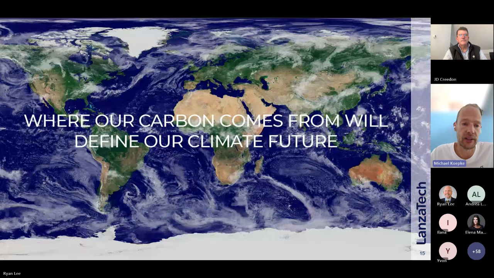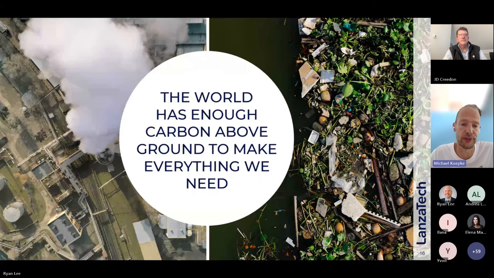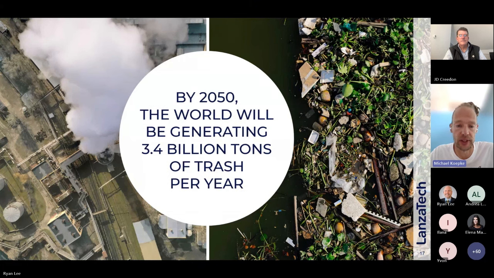Where this carbon comes from will define our climate future. Our belief is that the world already has enough carbon above ground to make everything we need, especially if we can tap into waste resources and the carbon we release right now into the atmosphere.